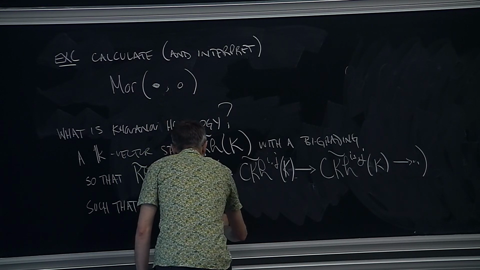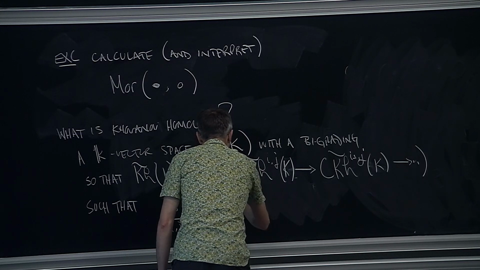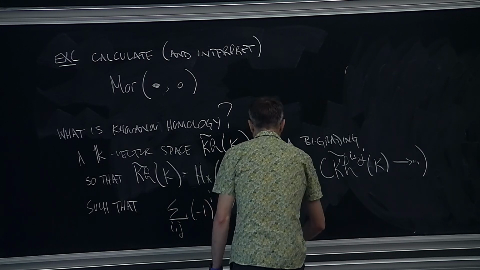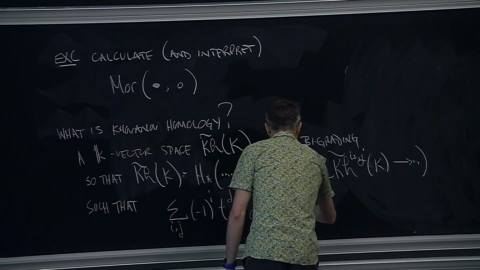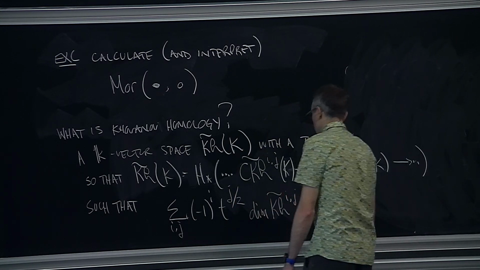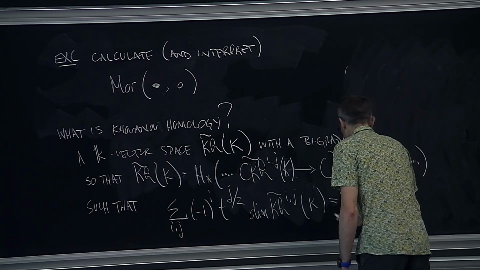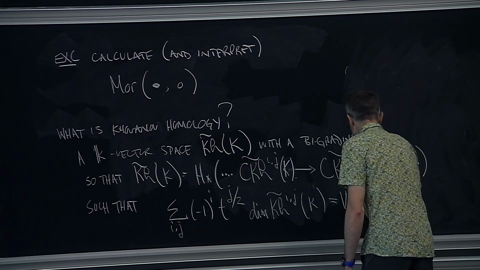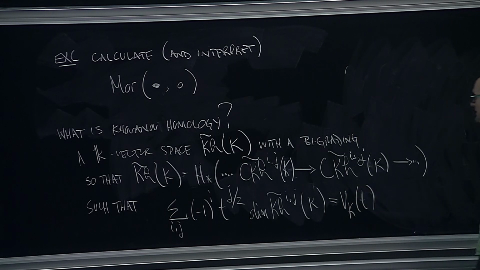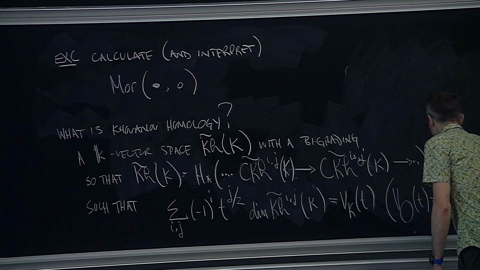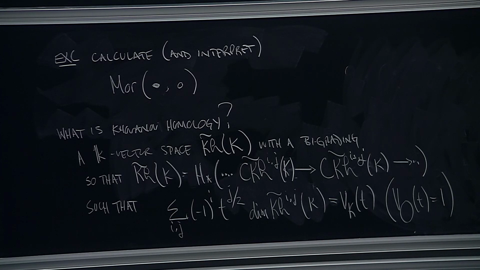I'm going to take an alternating sum in the I and a t to the Jones grading j divided by 2, and then take the dimension of what I see in grading I and j, k. That's a polynomial in t, and this is normalized so that v of the unknot is 1. That means that the round circle has a chain complex of one dimension sitting in grading 0, 0.